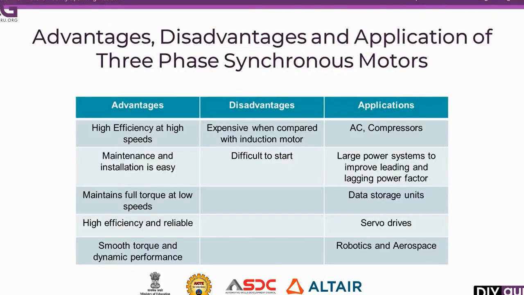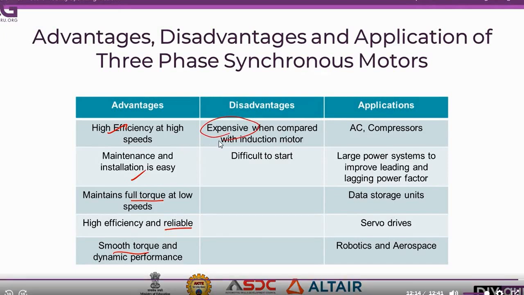Then come the advantages and disadvantages. The advantage is high efficiency at high speeds. Maintenance is also easy. It provides full torque at lower speed, it is reliable, and it gives smooth operation. The disadvantage is that it is more expensive. You require additional motors to start them.